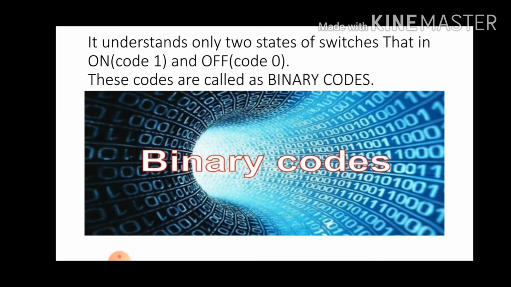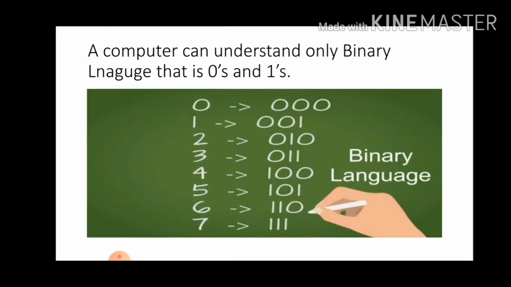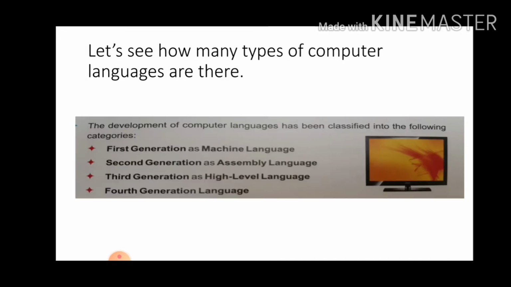So a computer understands which language? Binary language, that resembles binary codes, that is zeros and ones. A computer can understand only binary language, that is zeros and ones. Next, let's see how many types of computer languages there are.